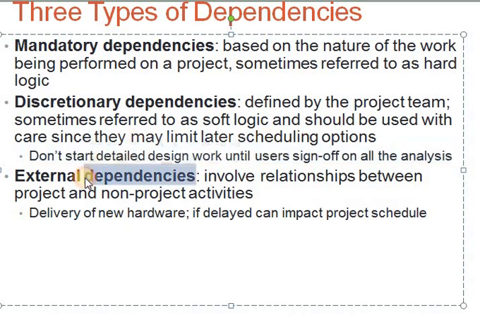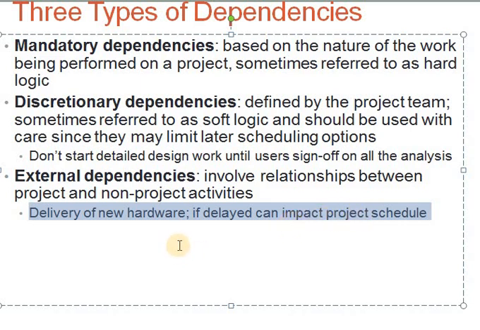So the third type of dependency is called external dependencies. External dependencies involve a relationship between the project and the non-project activities. The project related activities and non-project related activities, like we can say the delivery of some new hardware. If we delay this delivery, it can impact the project schedule.